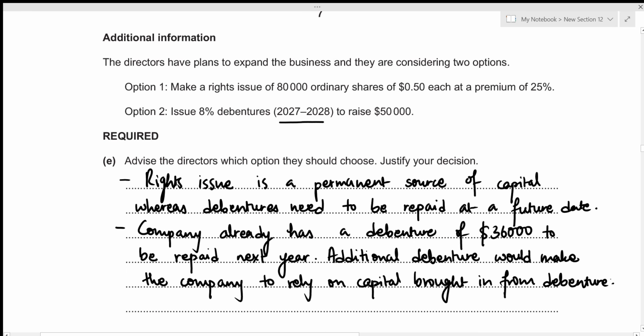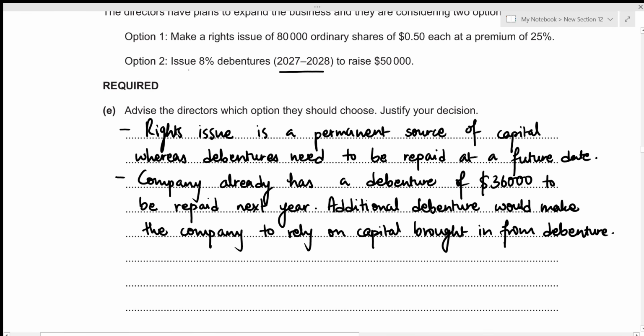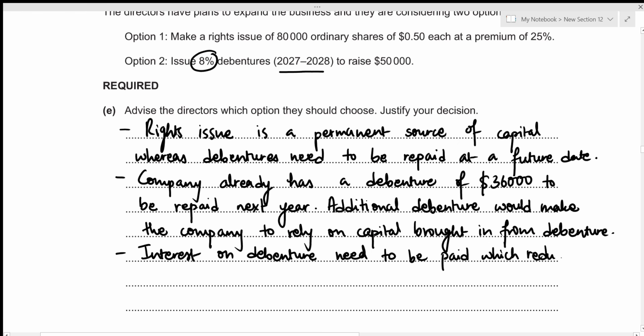Okay, then if you look at the interest on this debenture, that's 8%, but previously we figured out the interest at a 5% rate. So the interest is very high compared to the previous one. Definitely affects the profit in a negative way. Let's write that down. Interest on debenture needs to be paid, which reduces the profit.